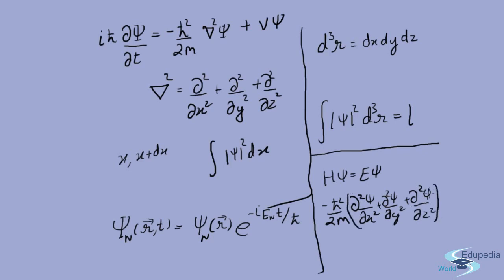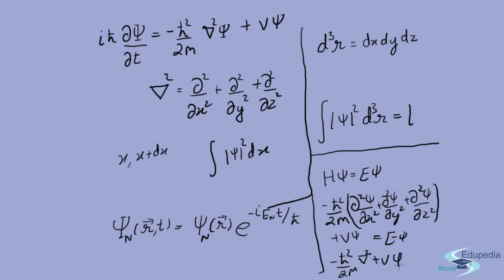And now this is not capital psi, this is only dependent on the position. This is equal to E psi, and that can also be written as minus h squared by 2m del squared, of course, plus V psi as well.